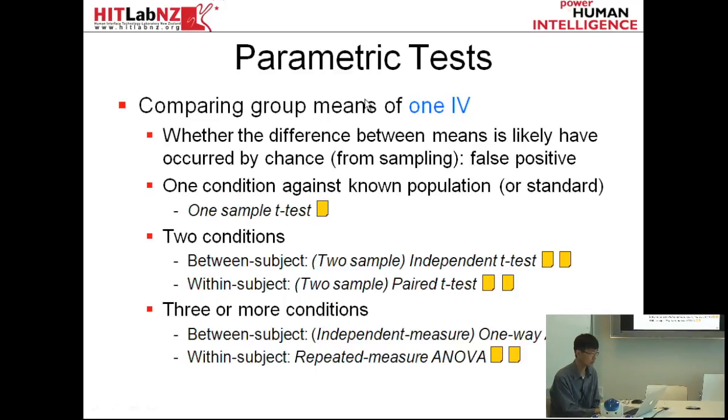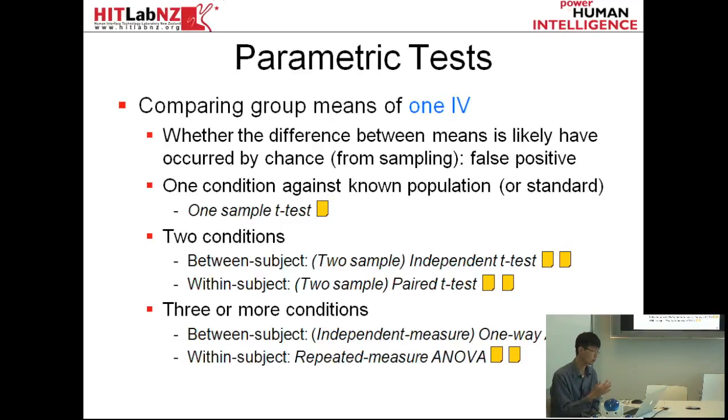And depending on your study design or your experimental design, there are different types of parametric tests that you have to choose from. One of the things that you have to look for is, first of all, how many conditions you have in your study.